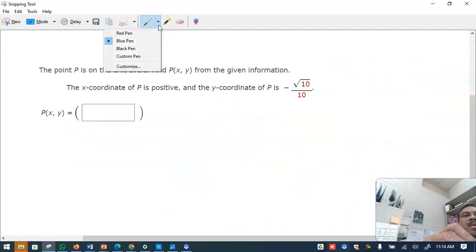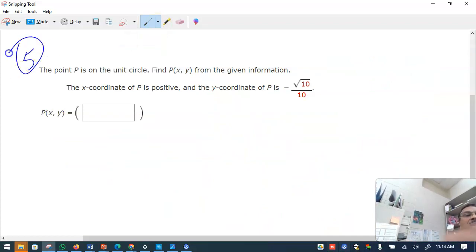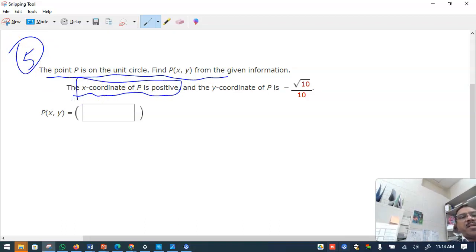Okay, question number 5. This time a point is given and they tell us the x coordinate is positive, which means the first number you're going to write is going to be plus. And the second one is given to you as minus root 10 divided by 10, right? So that means we don't know what x is, right? So it is like x and y.